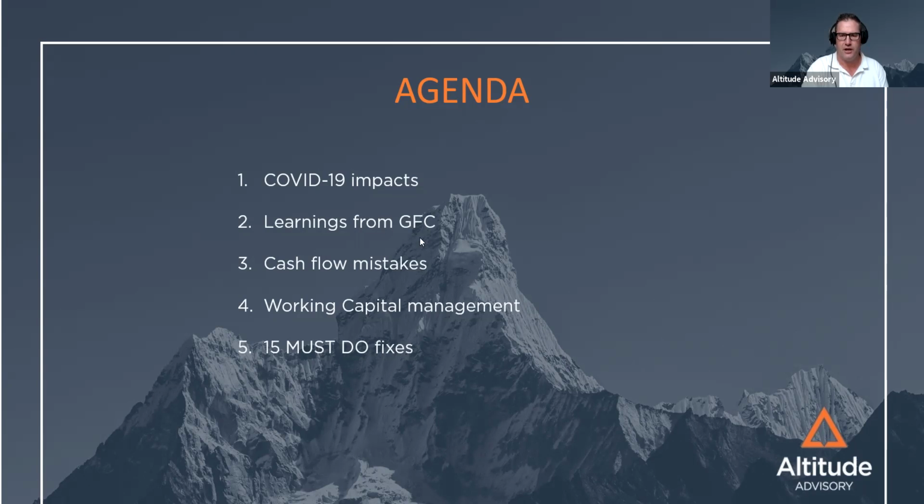There was a lot of positive that ultimately came out of that crisis in terms of business improvement and business management, so I want to recap some of those learnings. I want to talk about common cash flow mistakes that I find people making. I want to revisit what I'll call working capital 101, so we make sure everyone understands what their current working capital cycle is. That'll obviously be different for different businesses. And then I'll go through what I'll call the 15 must-do fixes or actions in the current environment.